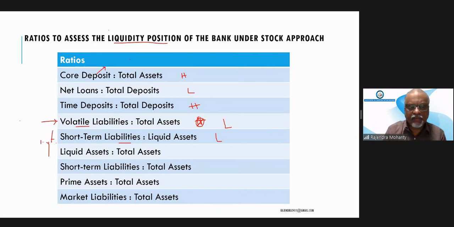Less than 1 year period, your deposits, and liquid assets are there, which might be within 1 year period, or it might be a little bit more than 1 year period that can be liquidated. So if you have invested some marketable securities that can be liquidated at any point of time, those are called liquid assets. Or cash is there. Most liquid asset is there.